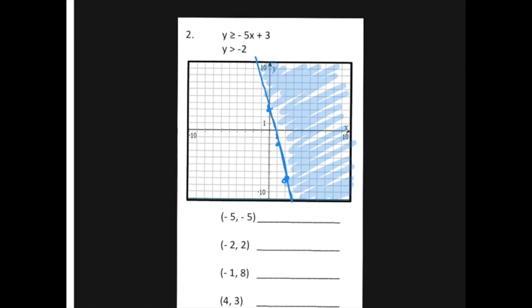Now my second one was y greater than negative 2. So that's easy because that's a special case. And we saw that it went to negative 2 for y. And right there, it was a dotted line. And everything on top was shaded.